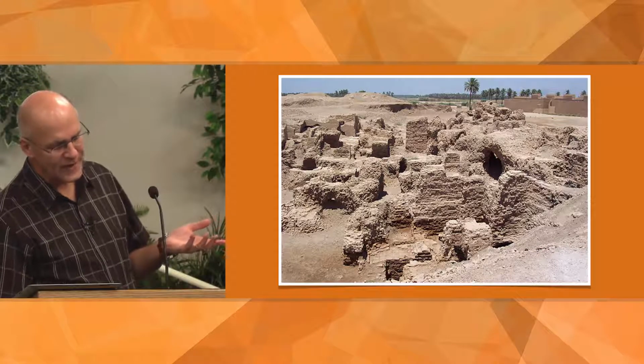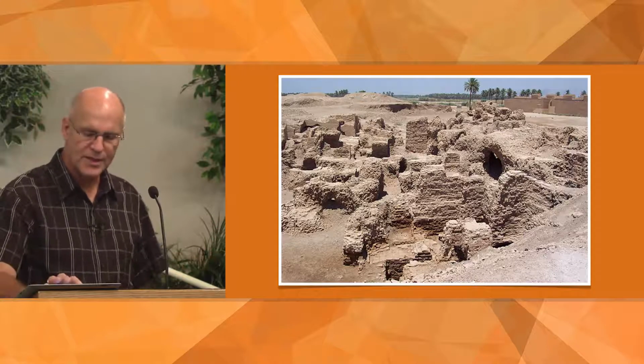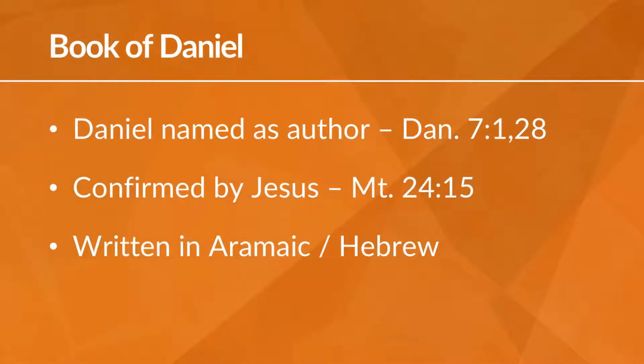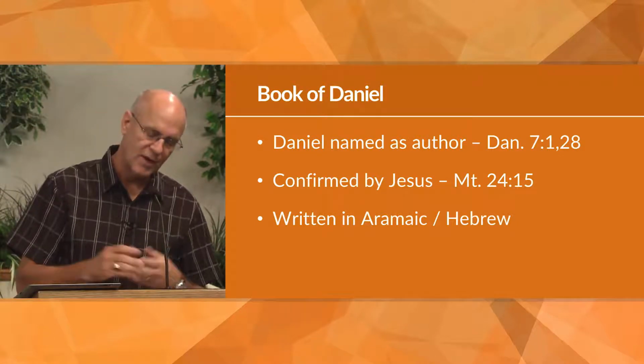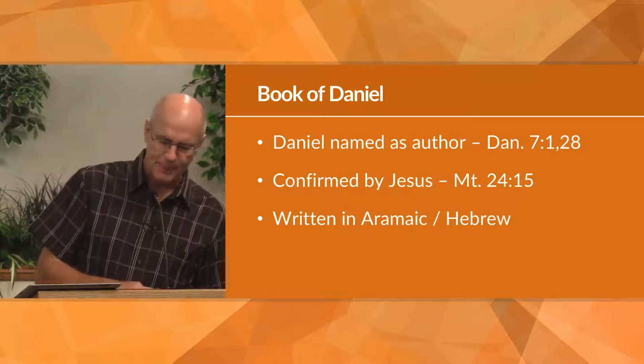And so the book of Daniel represents Daniel, in chapter 7 verses 1 and 28, as its author. So we know that Daniel writes about this place, and we know he's the author because he names himself. So we have some internal evidence about that.